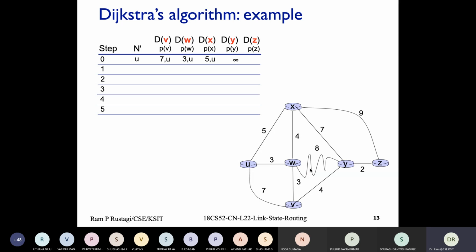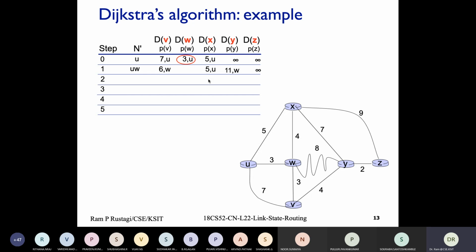So when I come here, I pick W and add it to N prime. Now from W, there are three edges, WX, WY, and WV. If I were to reach X via W, it is 3 plus 4, 7.